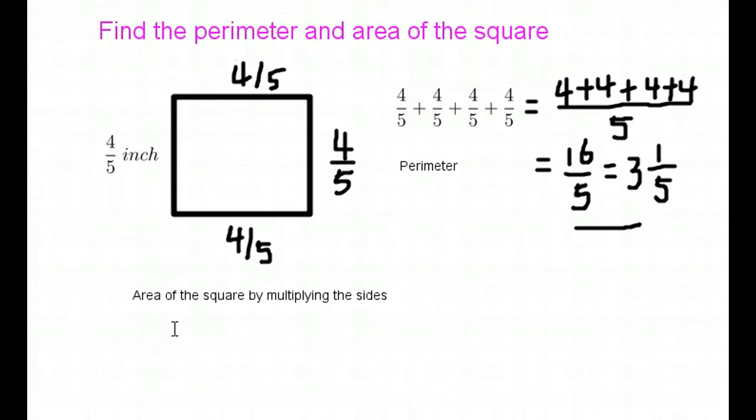So the answer for this is simple. We are going to multiply 4 over 5 times 4 over 5. So 4 times 4 will yield 16, whereas 5 times 5 will yield 25.